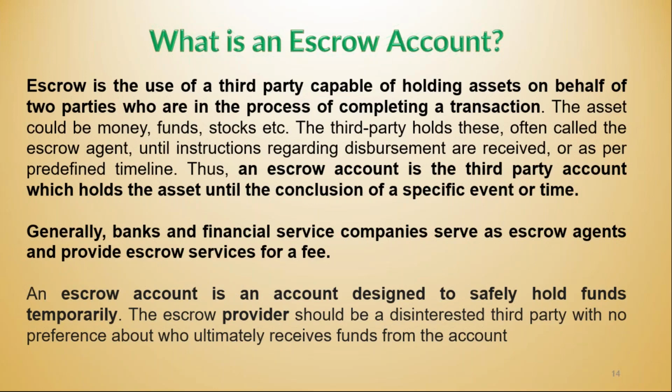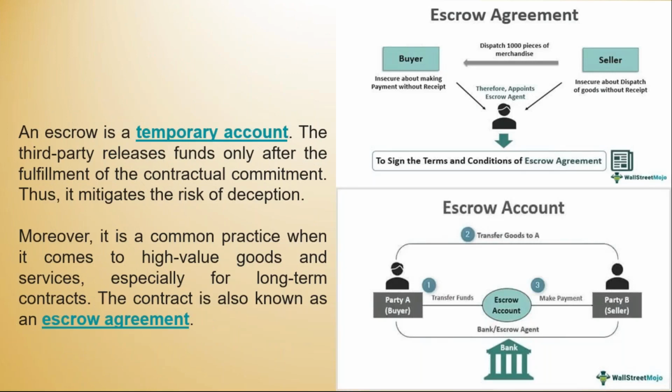Then what they do is put in a third party, generally with good credentials, such as banks. Generally banks come in as a third party, and they put the amount in that escrow account. Escrow is a temporary account. The third party releases the funds only after the fulfillment of the contractual commitment.